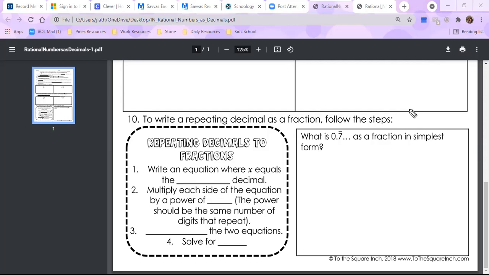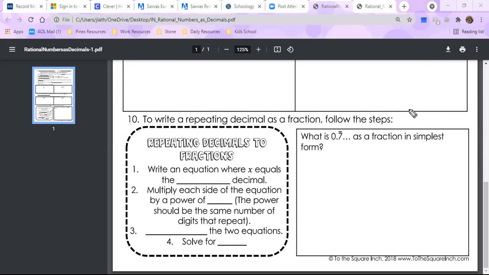Okay, so we're going to subtract. So minus x minus 0.7 repeating. So we're going to have 9x equals 7. And then divide off of that x. So x equals 7/9. And that is this form. And we are done. So it sounds a lot harder than it is, I promise.